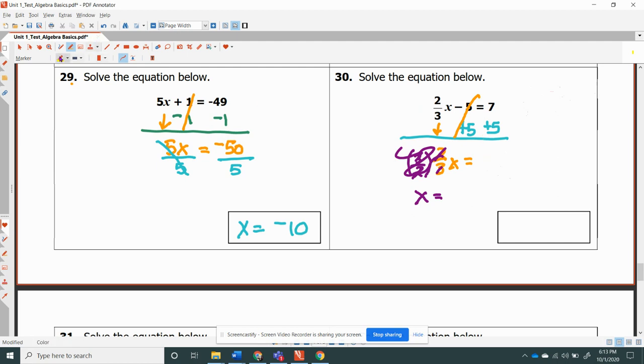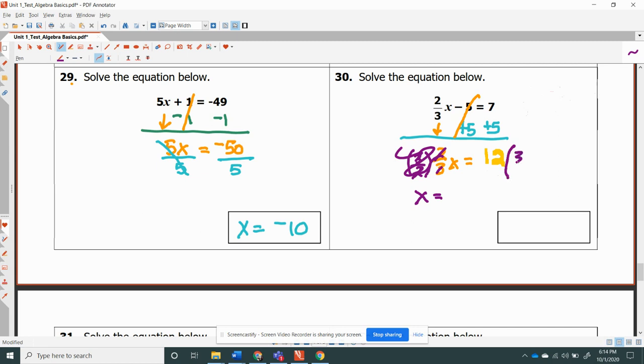Okay, I don't think I want to use yellow. It won't show up. Okay, 7 and 5 make 12. I forgot to add the 12 times 3 over 2. Back to my pen mode.